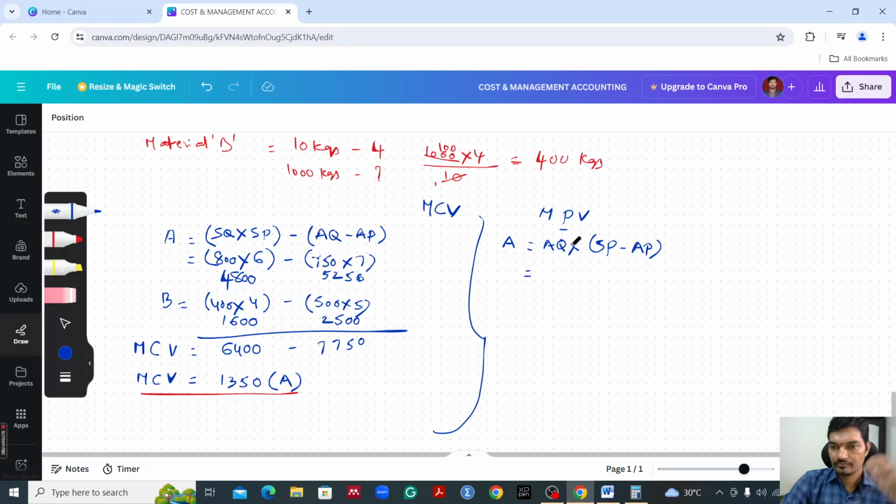For actual quantity for material A, 750 into the standard price is 6 rupees, the actual price is 7 rupees. 750 into, we got a negative value of 750 in adverse.